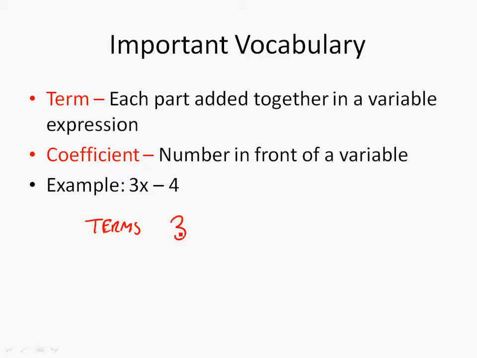So 3x is my first term and negative 4 is my next term. And then this 3 in front of the x is a coefficient. So these are words you'll want to be familiar with because we'll use them over and over again.